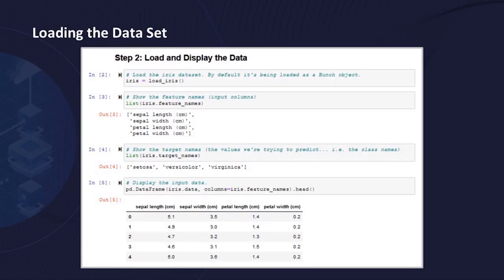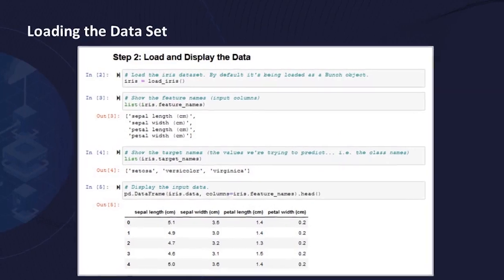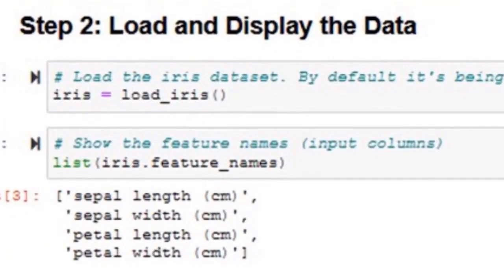So here's the code I wrote to load the data and display it. The first line does the load. Then you can view the feature names. And I can't remember if I mentioned features and feature names before, but essentially that's just the input variables, the input columns. Remember I talked about feature engineering? That's where the data scientist may transform or combine or do stuff with the data to get it ready for machine learning, to get it ready for training.